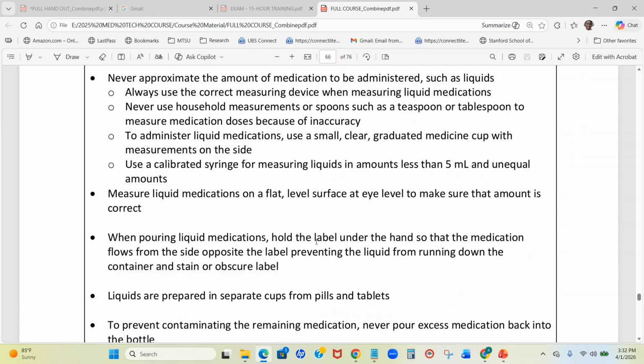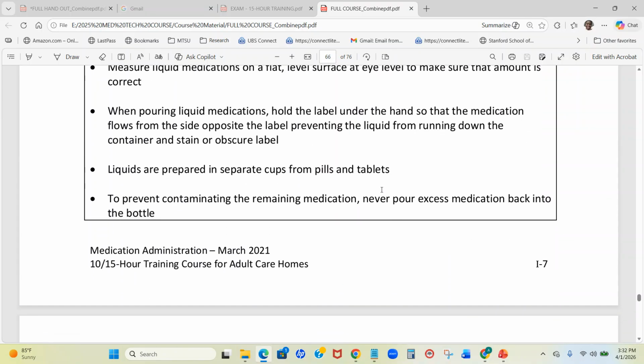To administer liquid medications, use a small, clear, graduated medicine cup, which you will see in the lab when we do our skills checkoff. Use a calibrated syringe for measuring liquids in amounts less than 5 mLs. Measure liquid on a flat level surface at eye level to make sure the amount is correct.